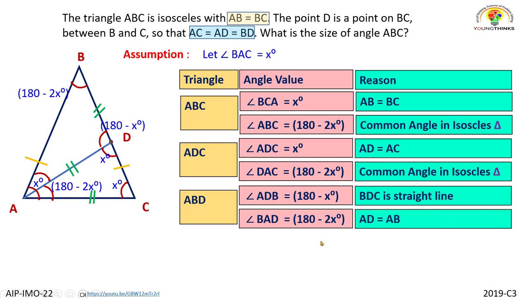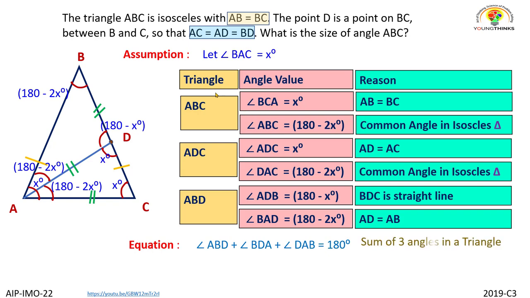So now the equation that you get is that in this large triangle, the sum of the three angles is 180 degrees.